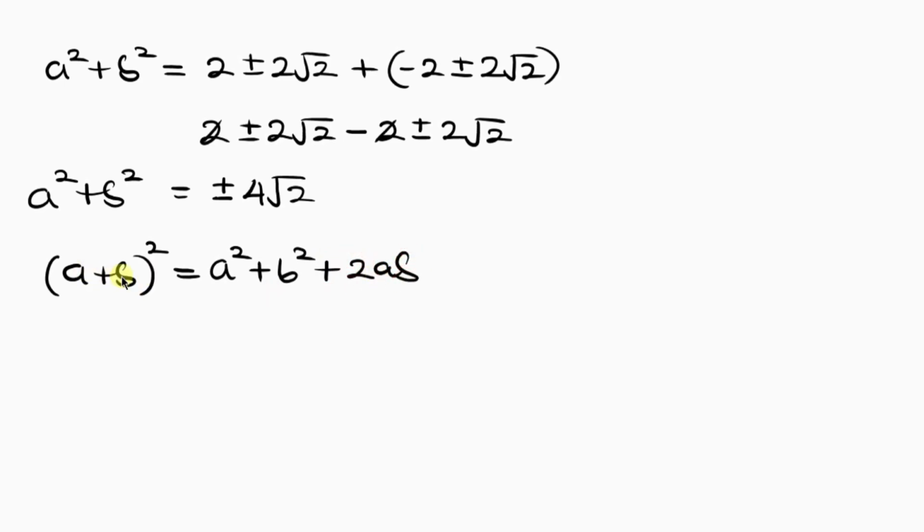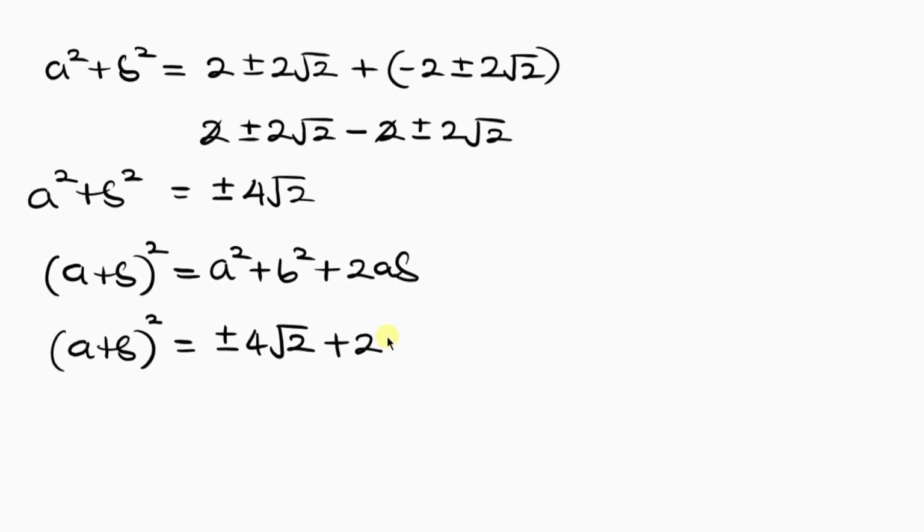So a plus b raised to the power of 2 is equal to a squared plus b squared. We've already got that to be plus or minus 4 root 2, plus 2 times ab.